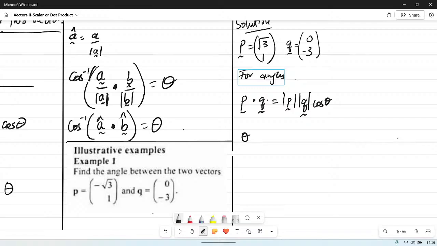So theta is going to be cos inverse of what? P dot Q over magnitude P times magnitude Q.